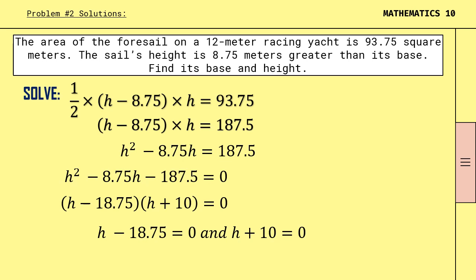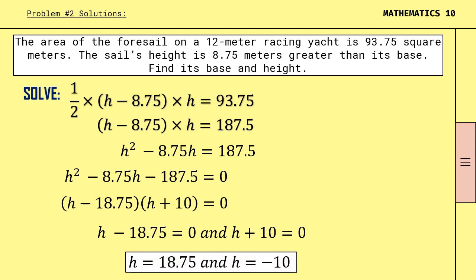So getting the values of our variable h, we found h minus 18.75 equals 0, and h plus 10 is equal to 0. Therefore, we're going to have h equals positive 18.75, and the other one is h equals negative 10.